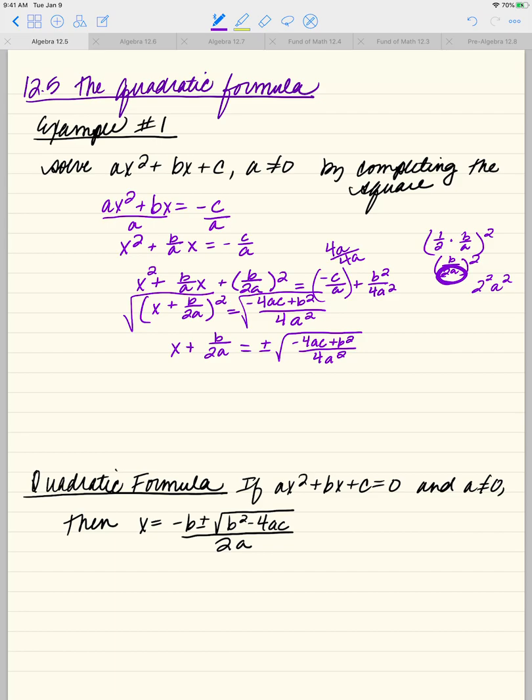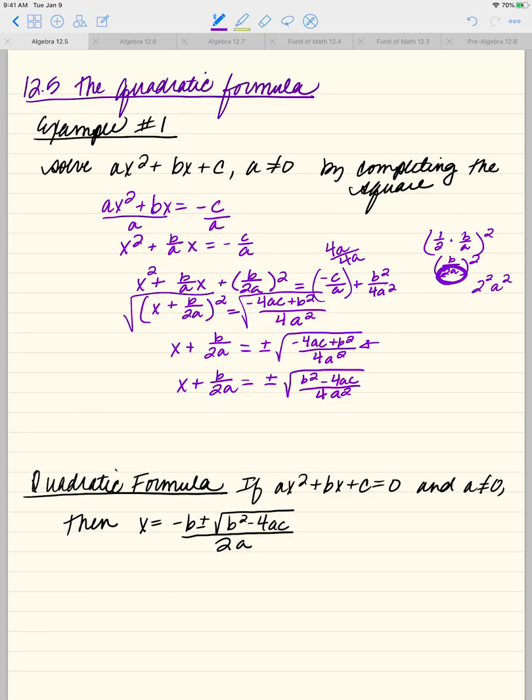So from here, what I'm going to do is I'm going to reorder this guy up here. x plus b over 2a is equal to plus or minus the square root of b squared minus 4ac over 4a squared.